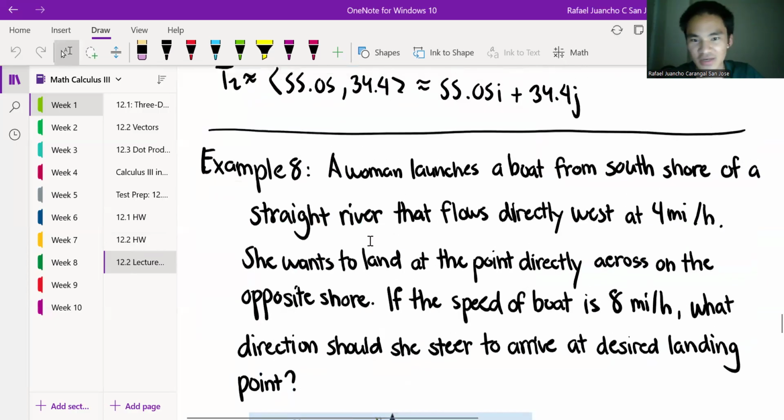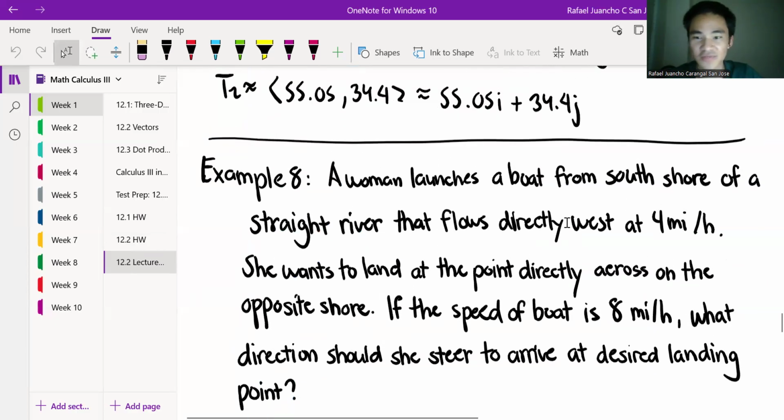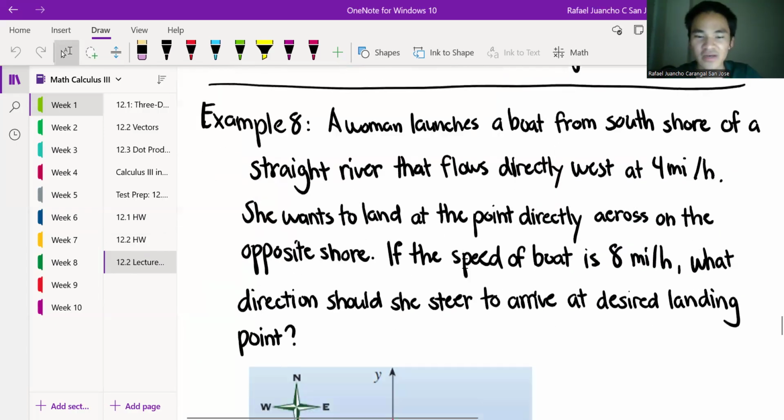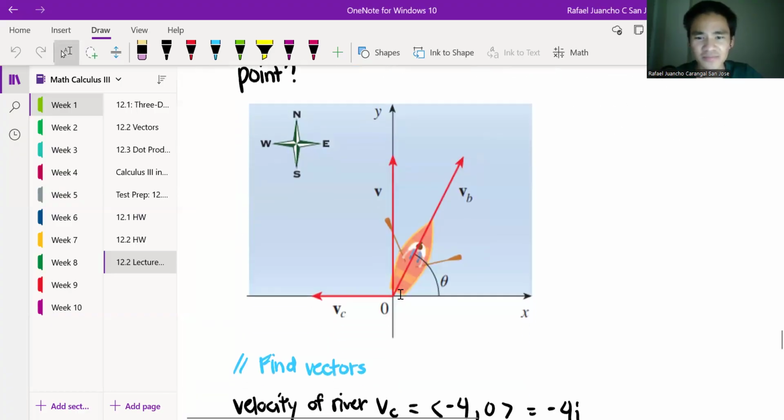So this girl launches a boat from the south shore of a straight river. Okay, basically, there's this boat and the wind is forcing the boat to go that way, right? And she's rowing this way, right?